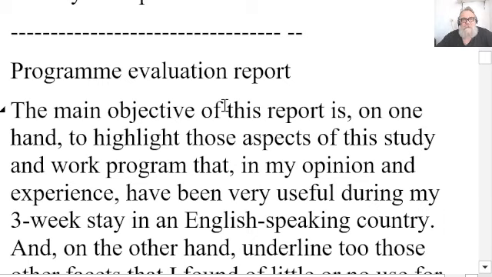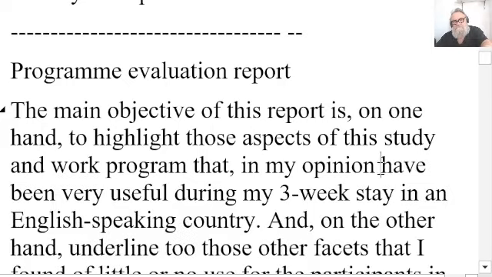So, I like this. I guess I might prefer to use "have been very useful during my 3-week stay in an English-speaking country."